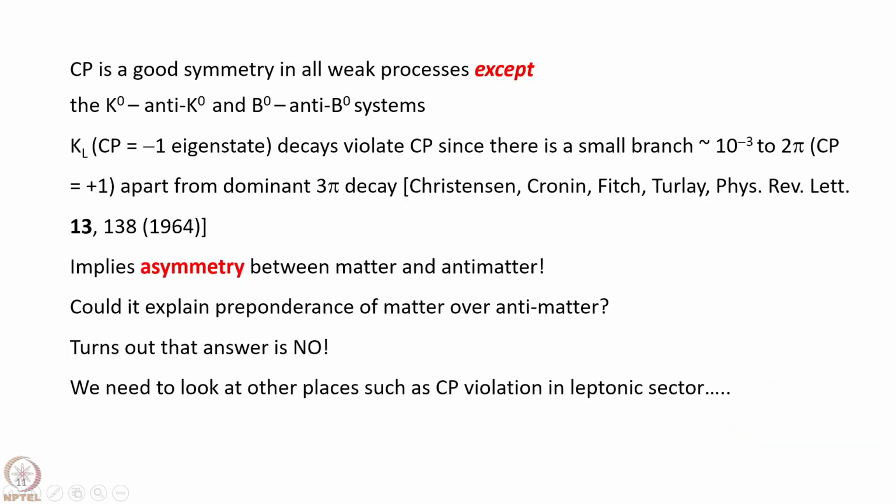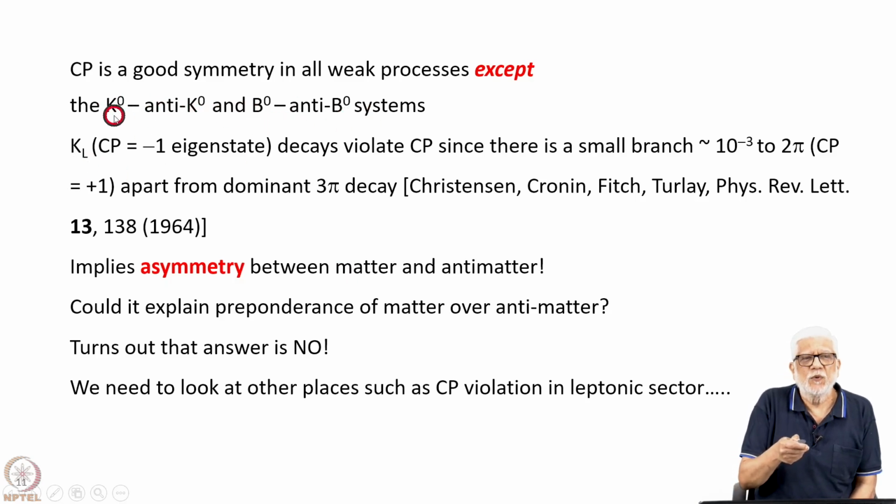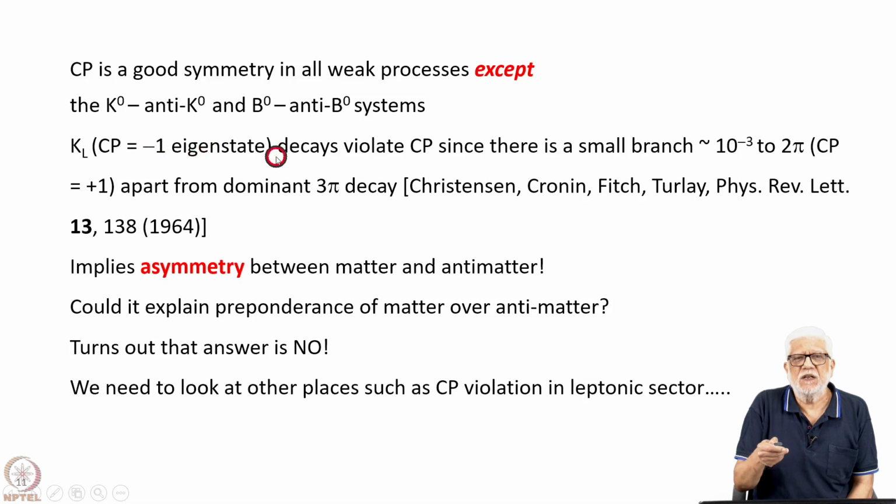But it was found that CP is not a good symmetry in the case of K0 anti-K0 oscillations or B0 anti-B0 processes. For instance, if you take the K0 and anti-K0 and combine it in a certain way, you get the K long, which is a CP minus 1 eigenstate.